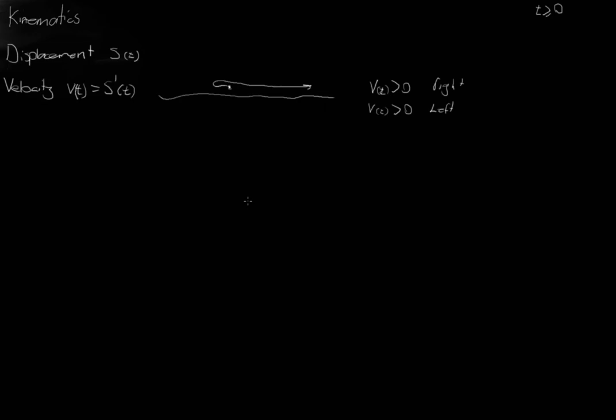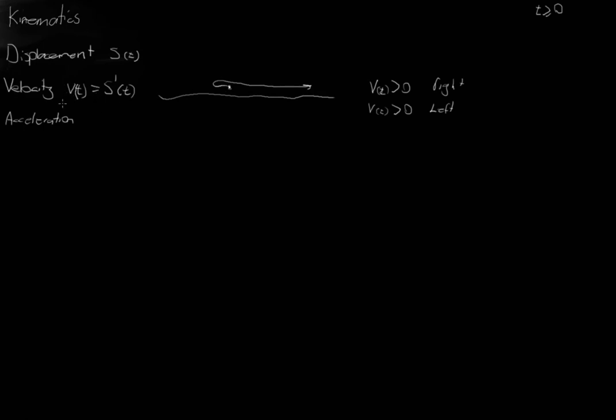So the next one we're going to look at is acceleration. Acceleration is just its rate of change of velocity. So again, rate of change, it's the derivative of this.